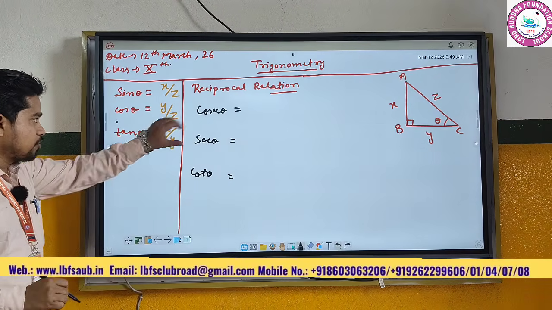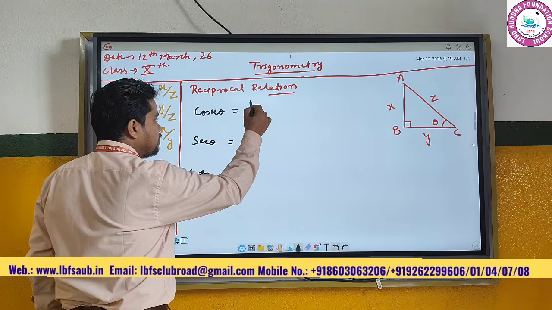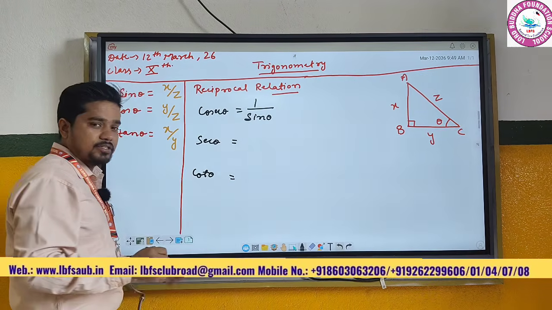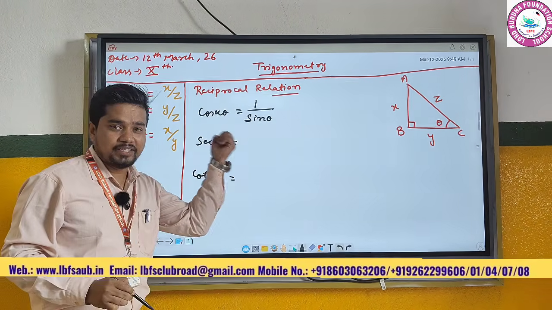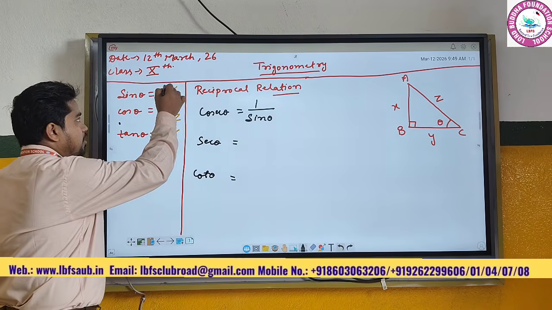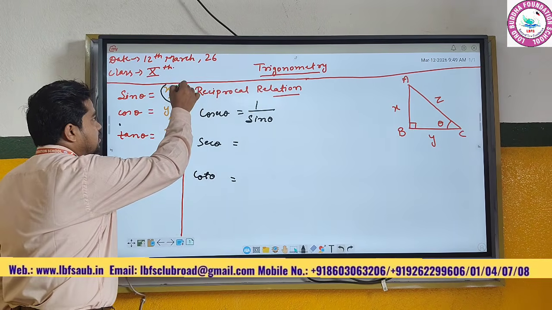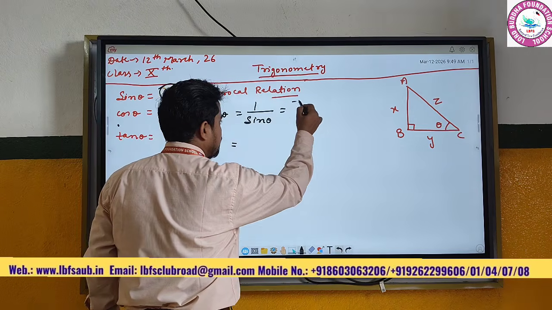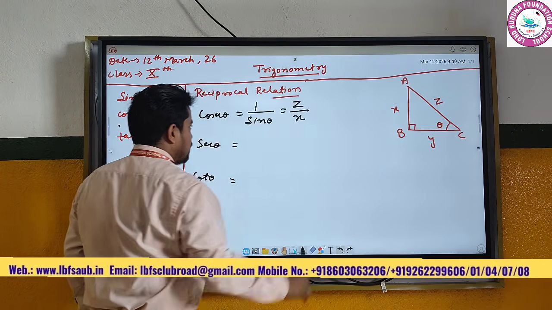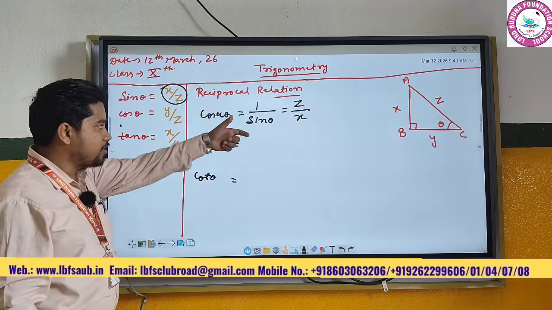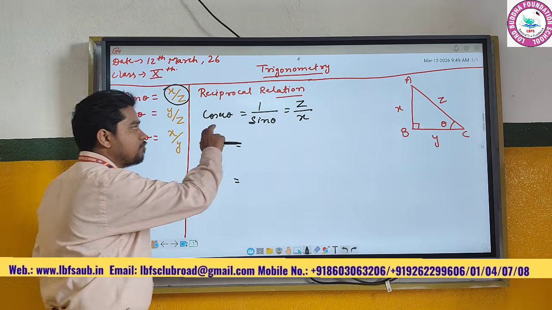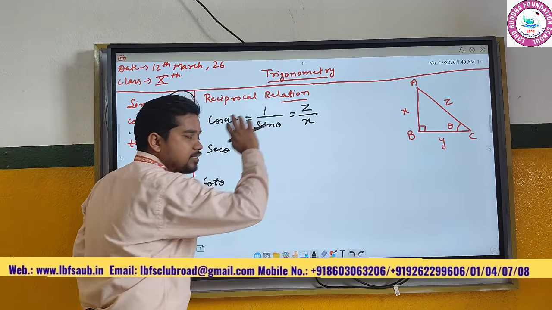Cosec theta is the inverse of sin theta, or cosec theta is equal to 1 upon sin theta. The value of sin theta is x upon z, so we can write cosec theta as z upon x.